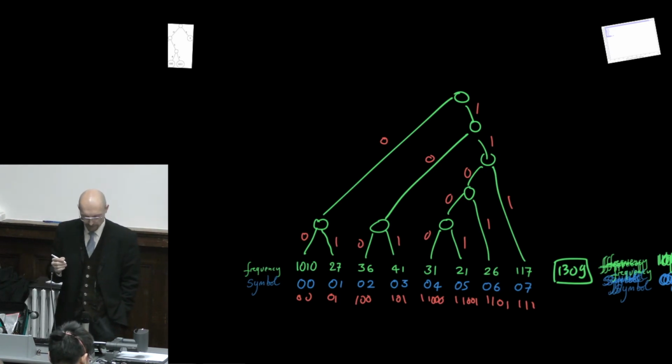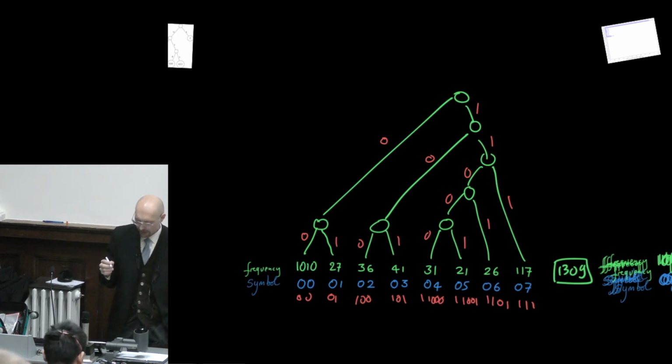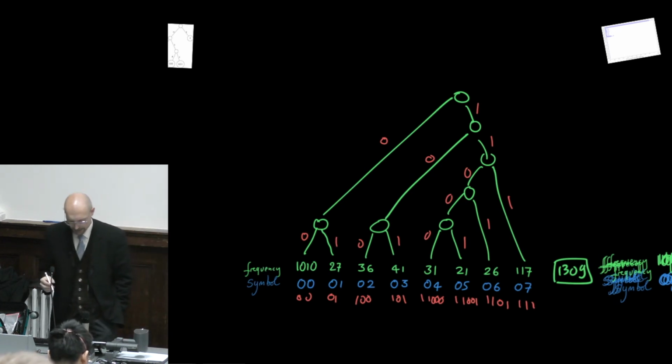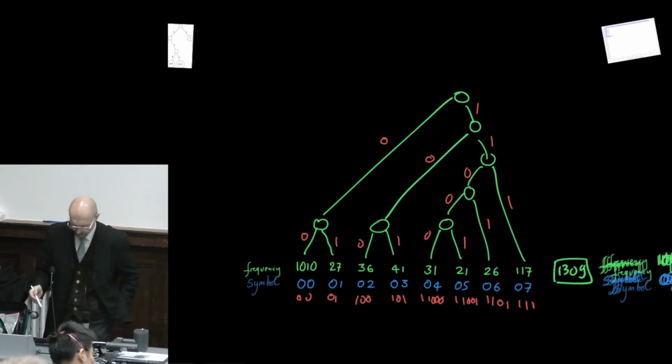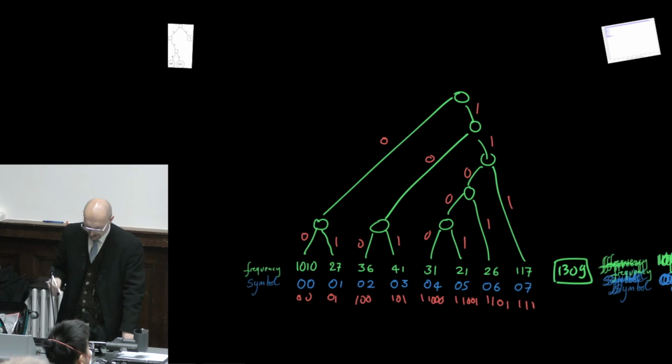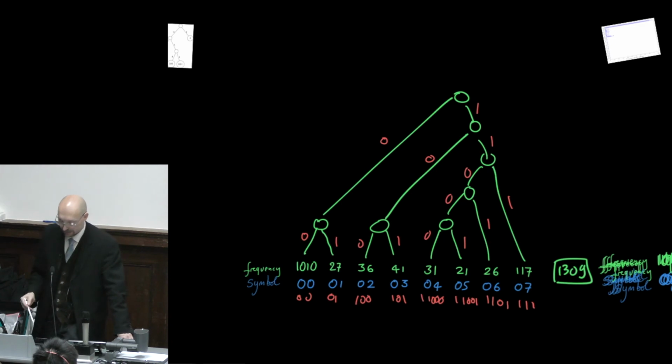So pay attention to this, otherwise you will get really lost in what I do next. And when I was rereading my handout to prepare today's lecture, that's the point where I said I must explain this really clearly, because otherwise I get lost as well. So the total cost of this code is given, as I said now several times, by the length of each code word weighed by the frequency.